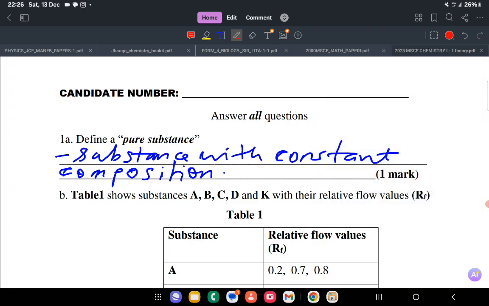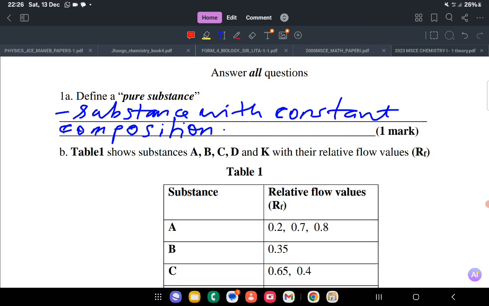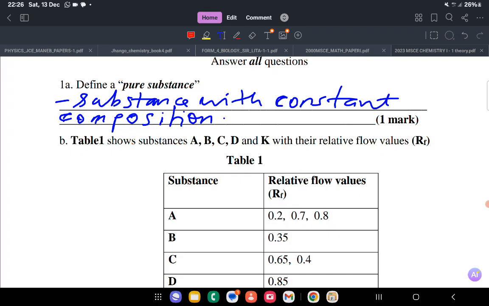Or you could say it is a substance which is not contaminated, or which does not contain any other substance except the substance itself. That's also a definition of a pure substance.